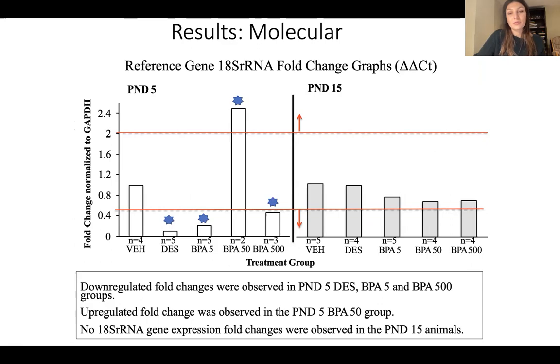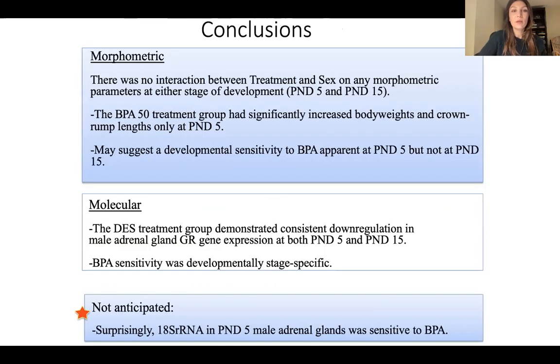Downregulated fold changes, so a change to gene expression, were observed in postnatal day 5 animals in the potent xenoestrogen group, the diethylstilbestrol group, and 2 of my dosing groups, the BPA5 group and the BPA500 group. And an upregulated fold change was observed in the postnatal day 5, so the young animals, in the BPA50 group. No gene expression fold changes were observed in the older animals. It was just found in the younger animals.